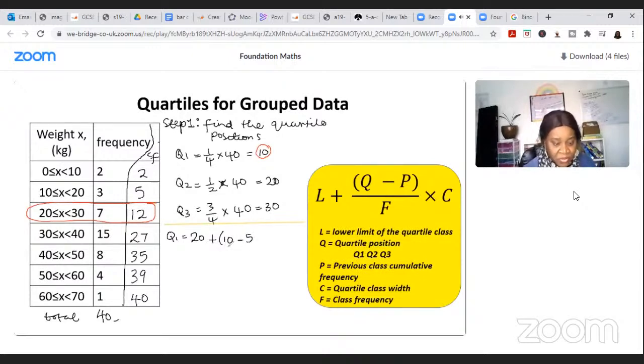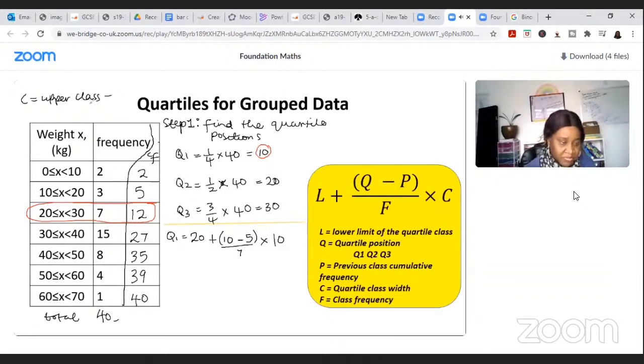So that would be 5 over F, the class frequency, which is 7, times C, the quartile class width. 30 minus 20 is 10: upper class minus lower class. Let me just leave it like that.